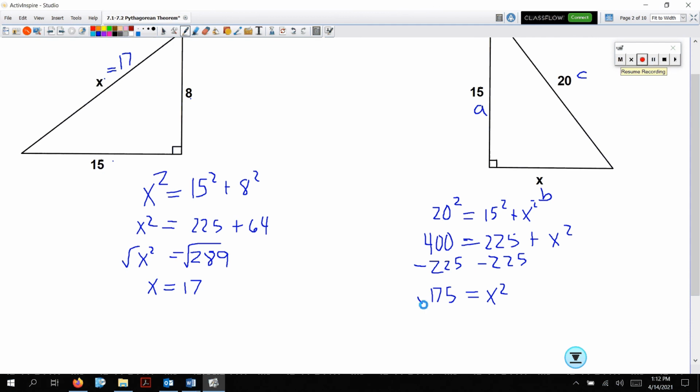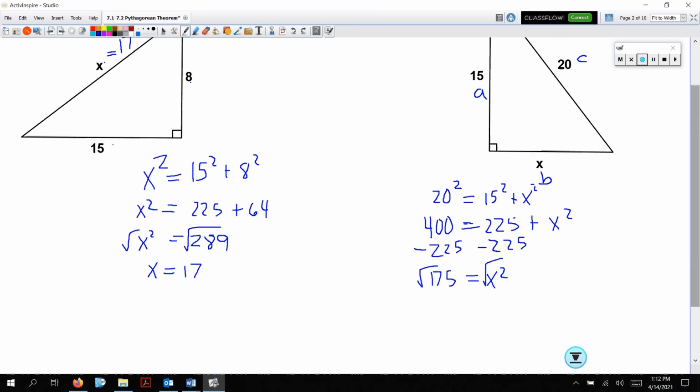Then again, we need to take the square root of both sides. I take the square root of 175 and I get a decimal. That means it's not a perfect square. So we could break it down, right? I know that 25 is in there, right? So 175 equals the square root of 25 times 7.